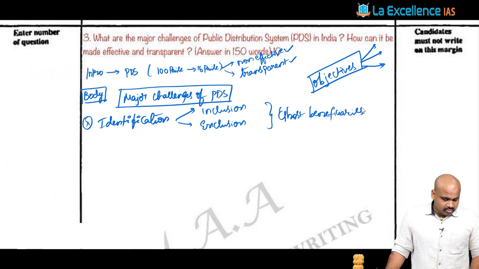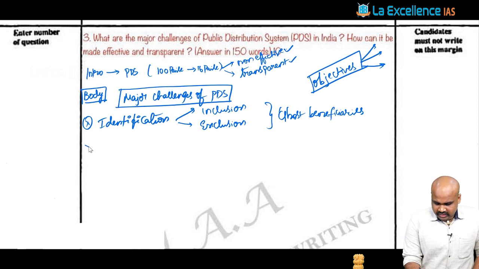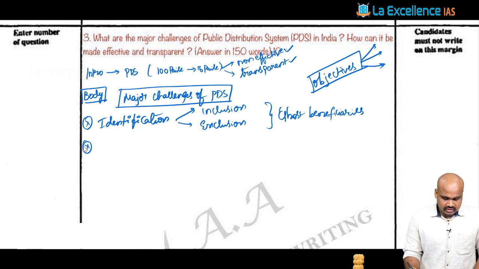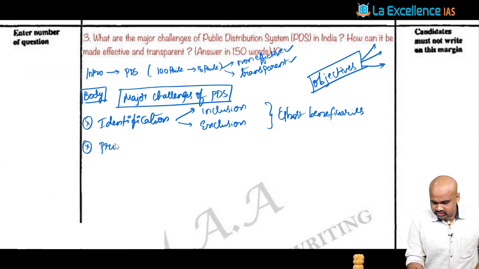Then, moving forward, the second major challenge that is persisting with respect to this PDS system is with respect to production and also procurement.